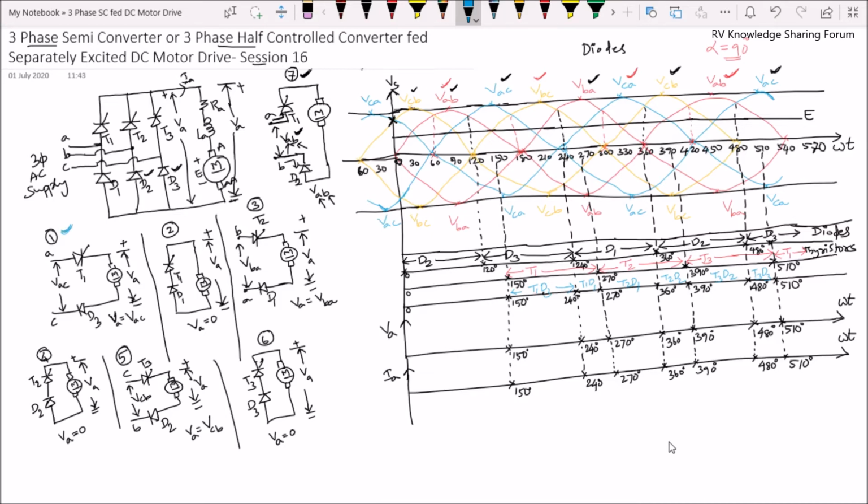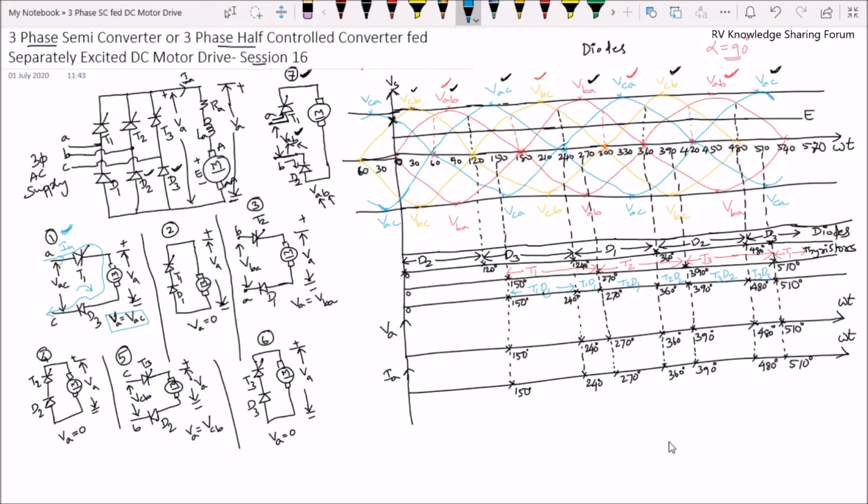The armature current IA starts flowing from line A, enters the thyristor T1, the motor and diode D3, and ends at line C. If you apply KVL to this loop, we get VA equal to VAC. That means the output voltage across the armature terminals will be the input voltage VAC.